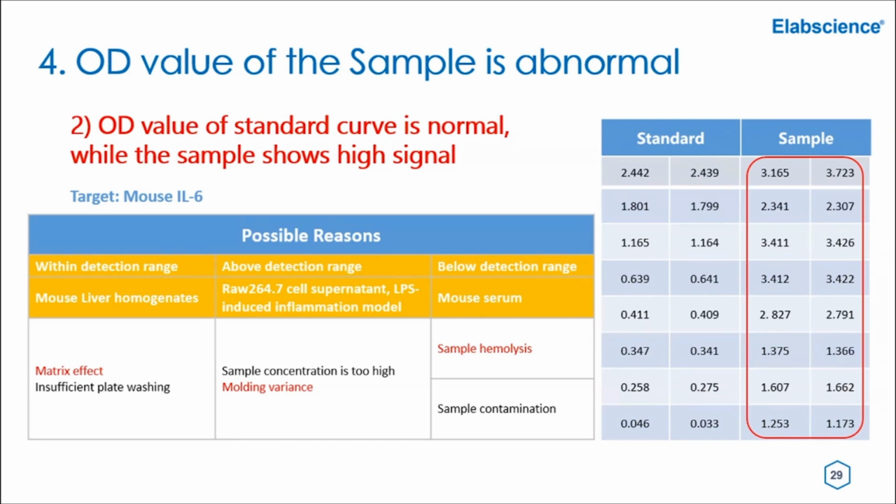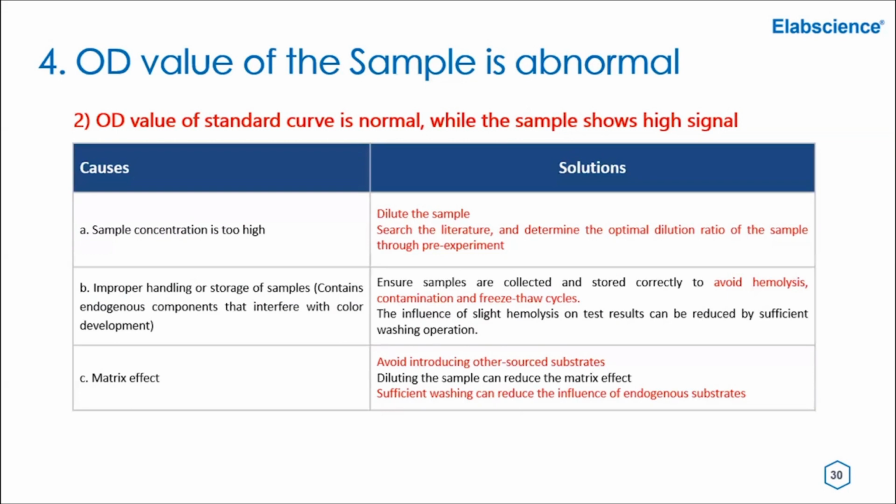And case 3, if the sample is a routine sample, like serum or plasma, it is probably because of the hemolysis or contamination in the sample. In view of these 3 cases, the principle is that we need to ensure that the samples are qualified. So it is suggested to search the literature and determine the optimal dilution ratio of the sample through a pre-experiment.